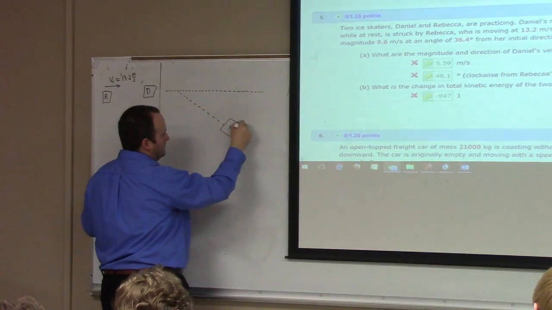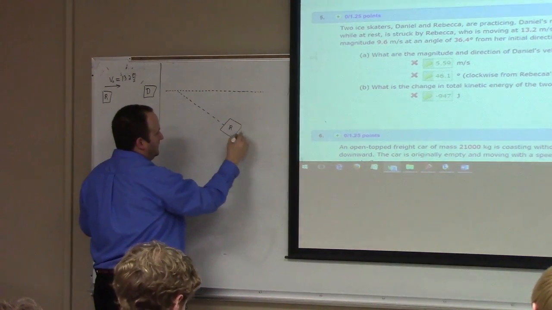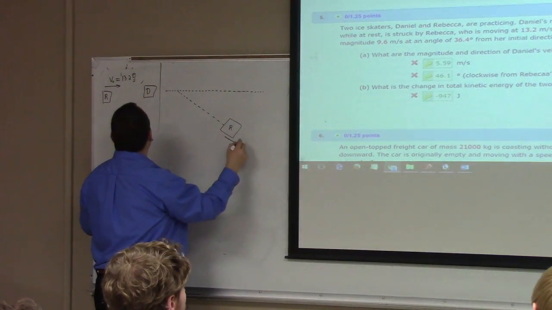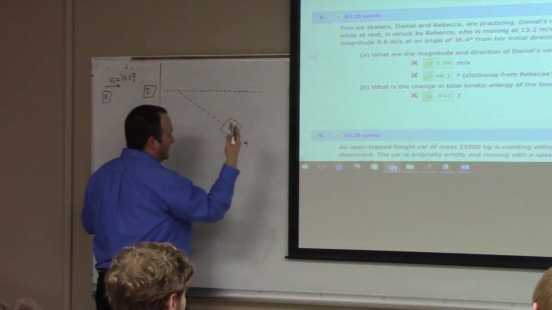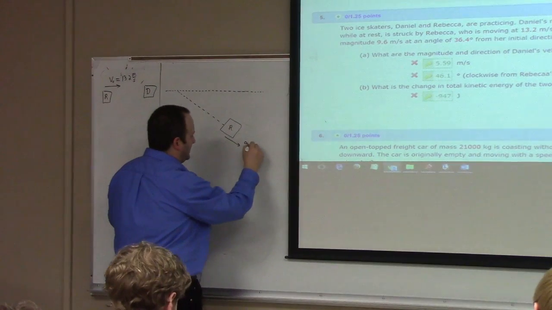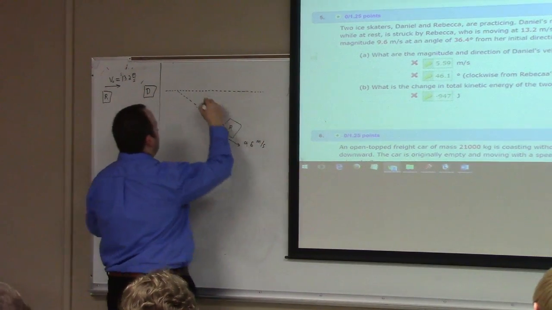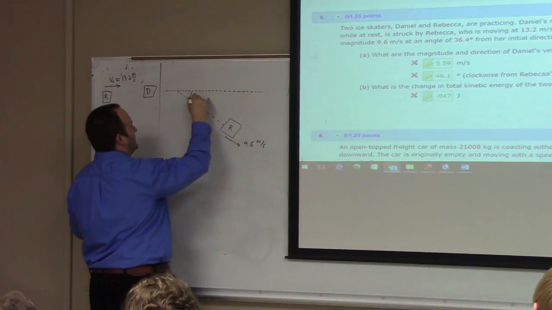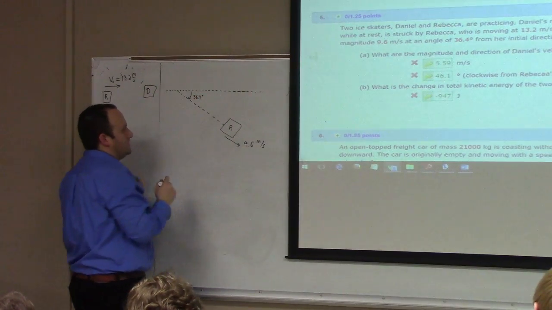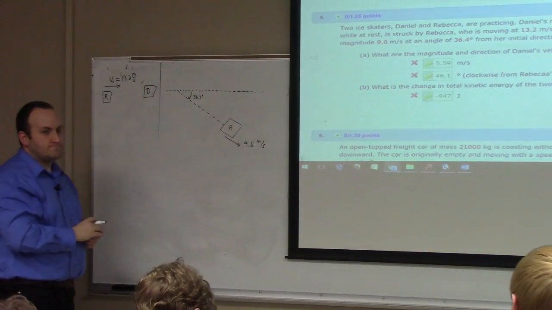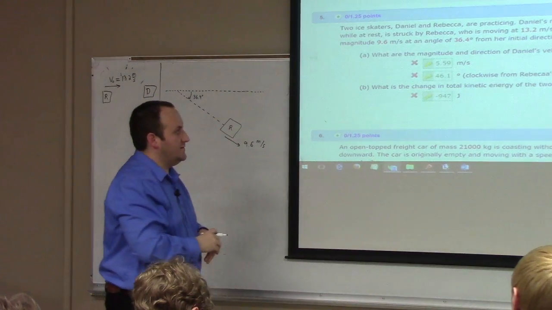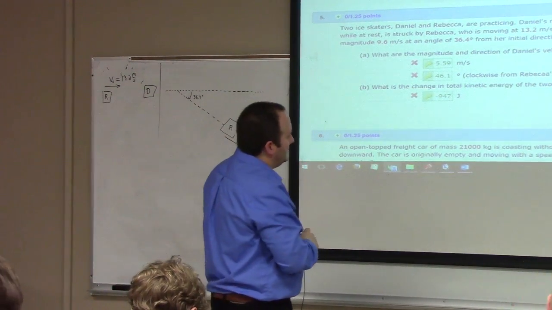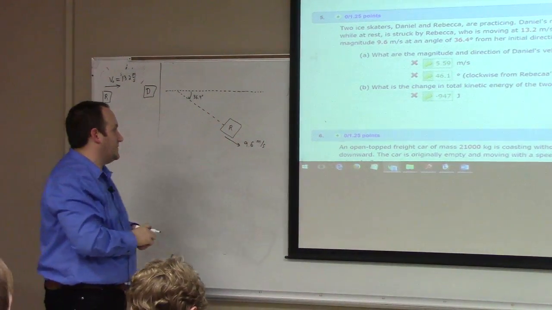And what's her speed? I've forgotten already. 9.6. This angle, for some reason I remember, 36.4 degrees. All right. And then there's Daniel. We're trying to figure out the magnitude and direction of Daniel's velocity, right?